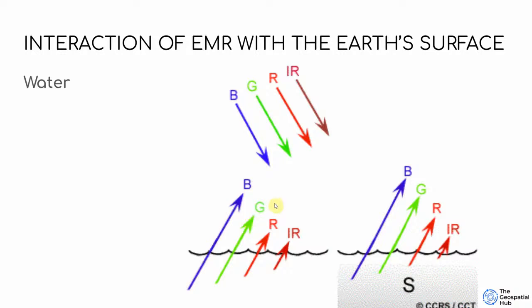Depending on the nature of the water body, some water bodies are shallow and clear. Once the energy comes in, since the water is shallow, it touches the bedrock of the water, and whatever is on the bedrock is what is reflected back to the sensor. Again, if you have a water body that is shallow and disturbed, probably it has particles flowing on the surface.